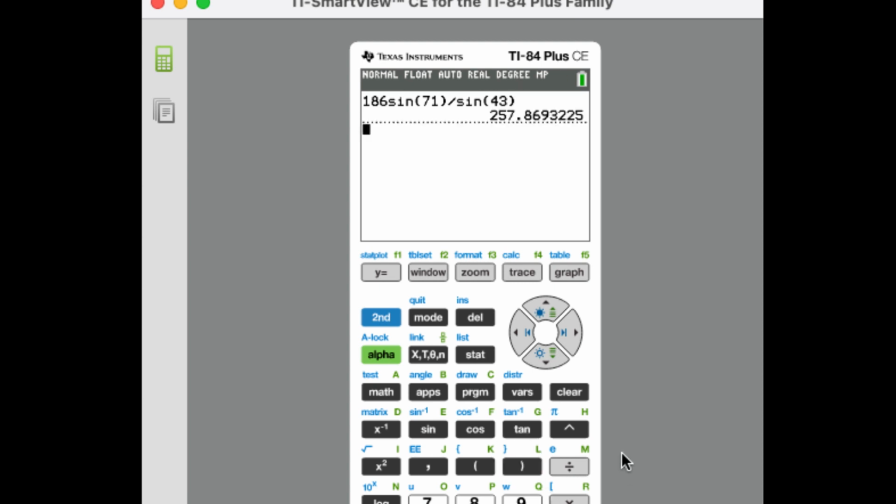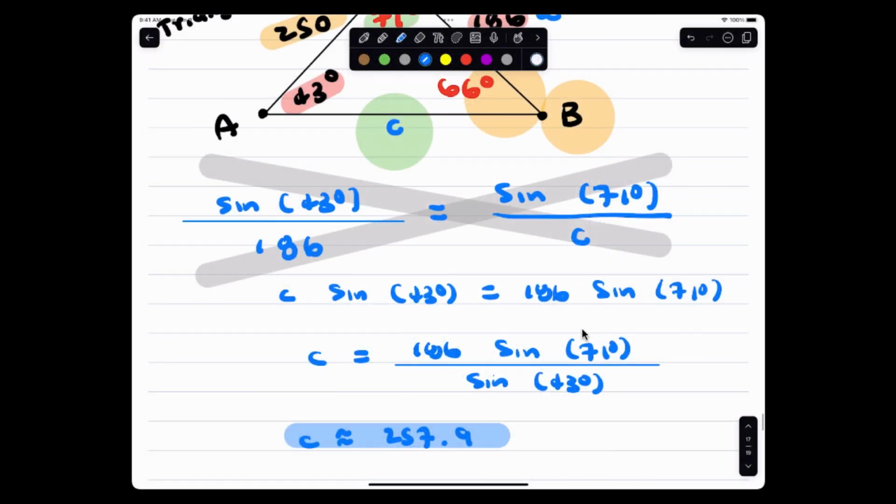What do you guys end up with? What's that little c going to be? Let's go to the nearest tenths, okay? So we're going to go to the tenths here. So c is going to be approximately, that's little c, what is that? 257 point 9. 257.9.